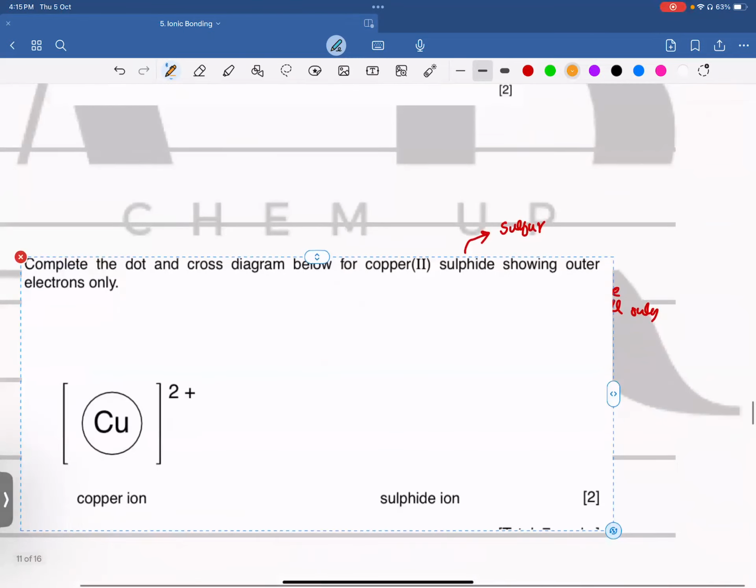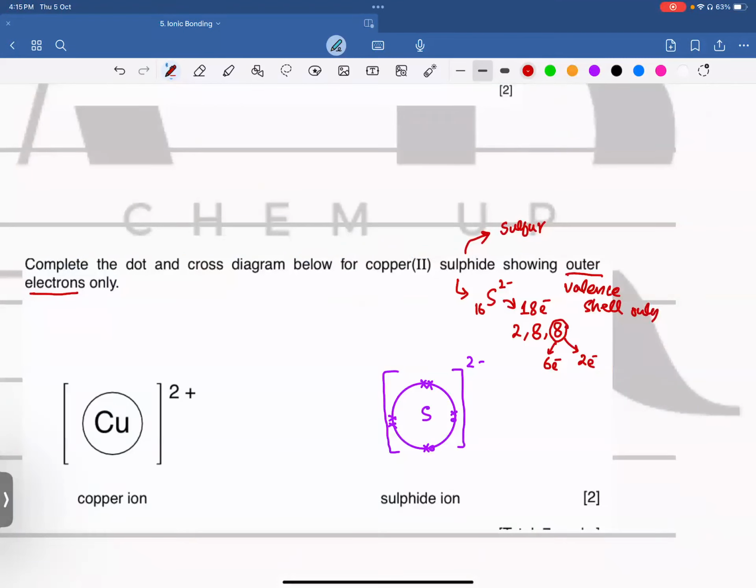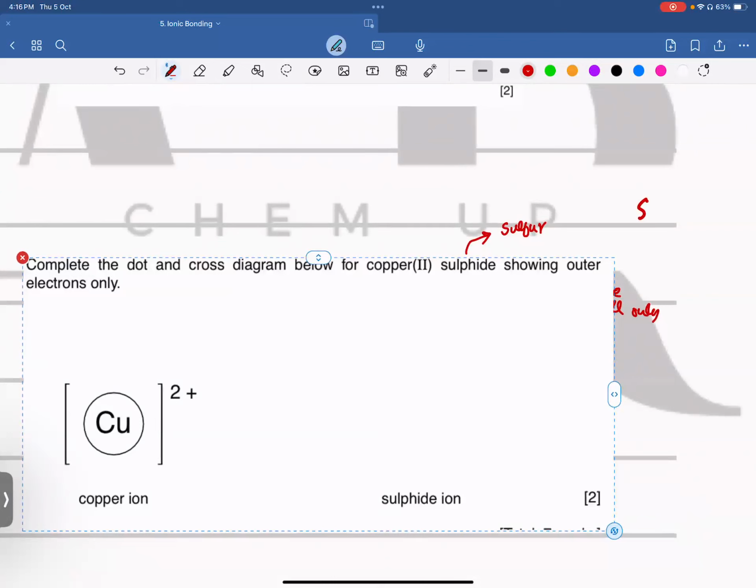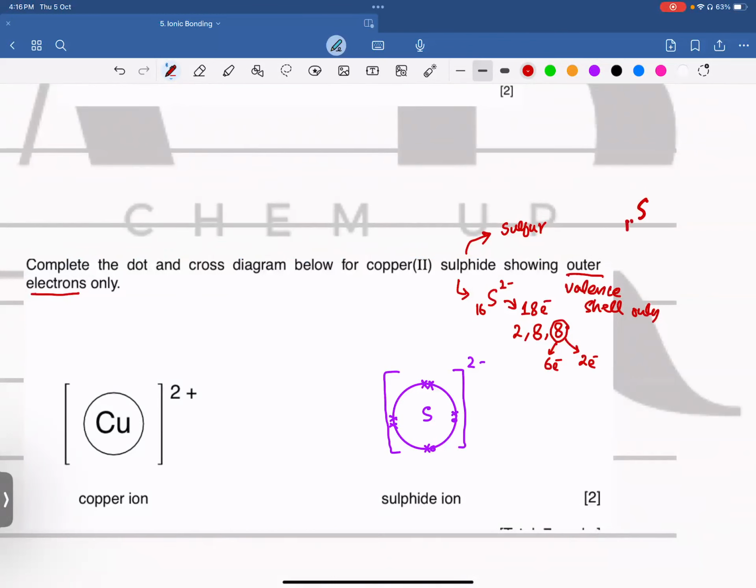Now, you have to draw the electronic structure for a sulfide ion, and sulfide ion comes from sulfur. And the atomic number of sulfur is 16. But they have asked you to show outer electrons only.